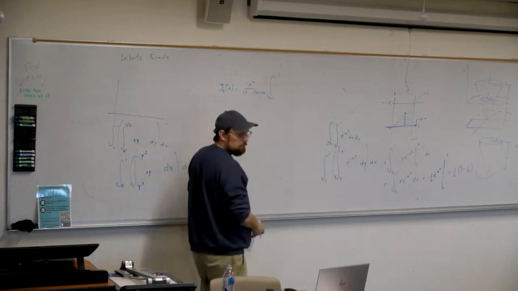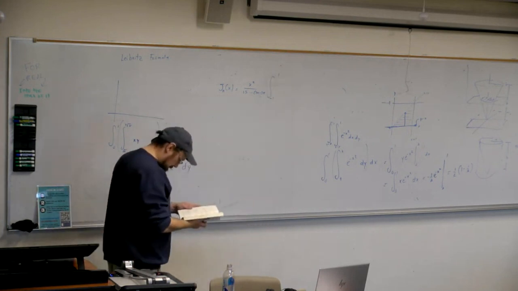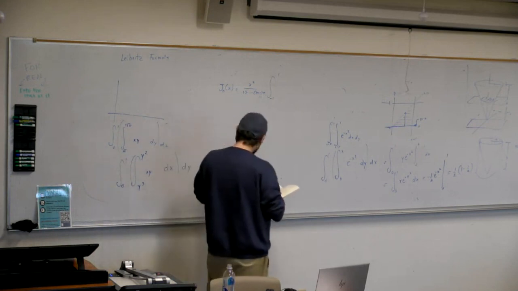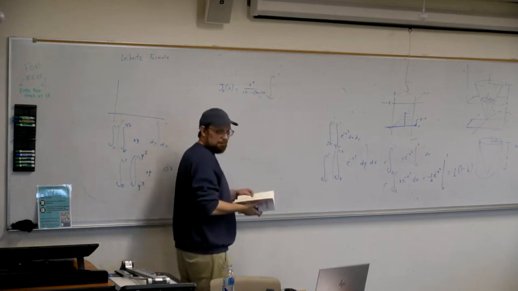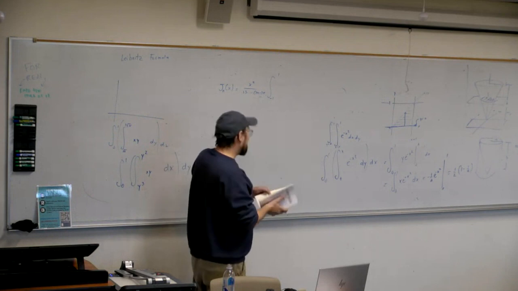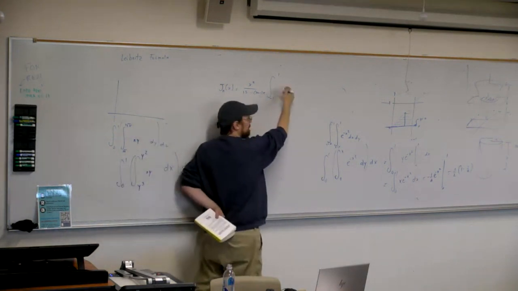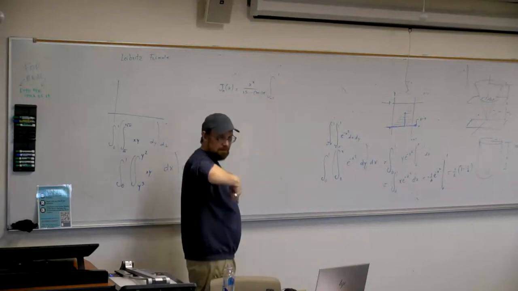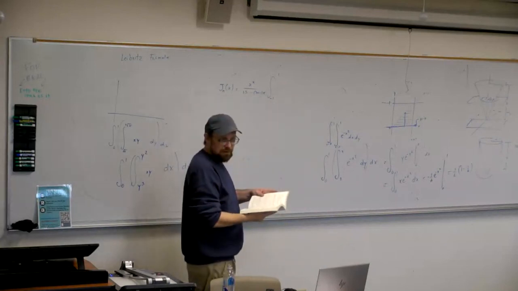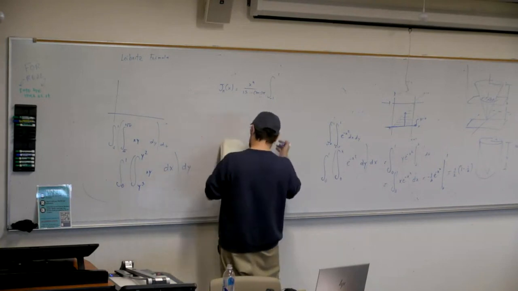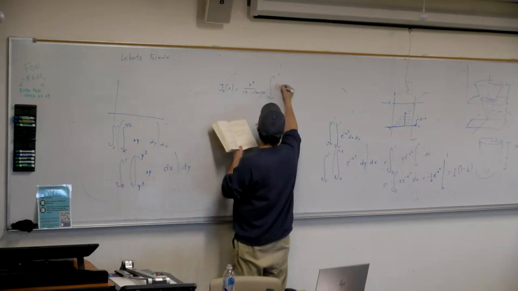You're integrating a function of x and t. With respect to which variable do you think? Yes, t. Because if you integrate a function of both x and t, you integrate the t out, so you have a function of x. So it's an integral with respect to t.